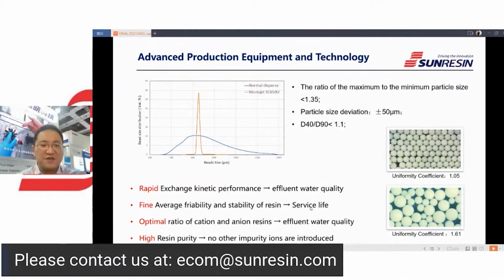Due to the high uniformity, UPS resin has a series of advantages in water production, such as rapid exchange kinetic performance, fine friability and stability of the resin, and very high purity. With this excellent performance, it results in good effluent water quality, a longer service life of the resins, and no other impurity ions introduced into the water.